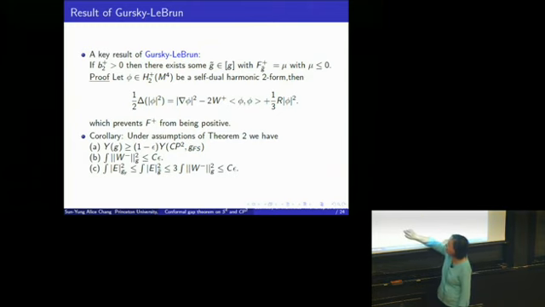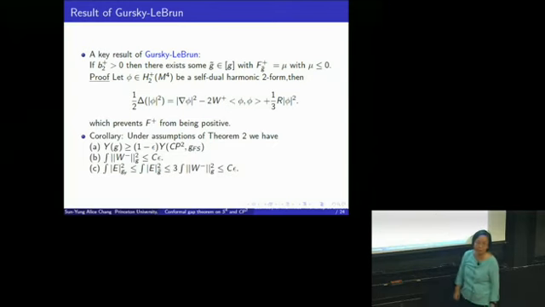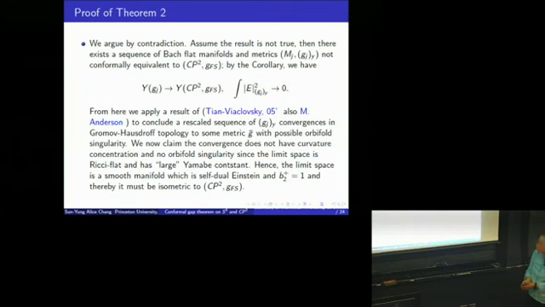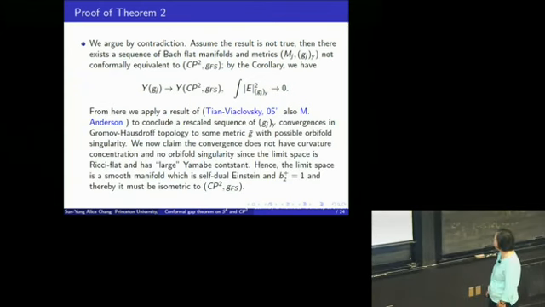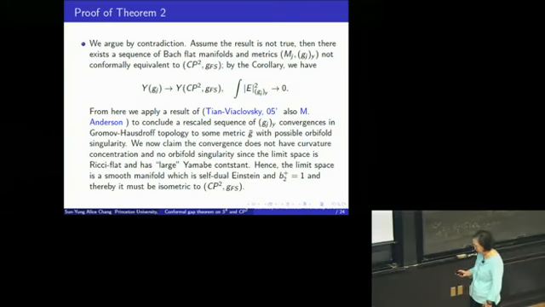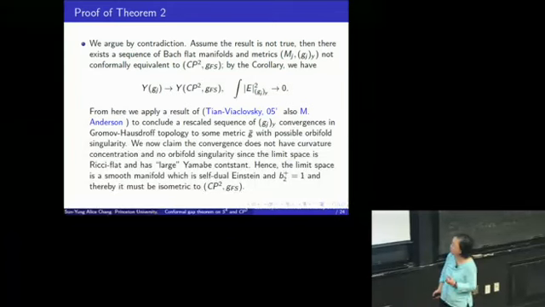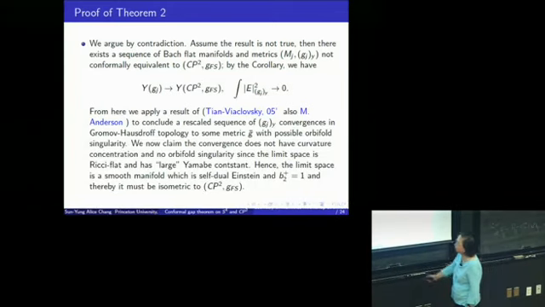The third, C, actually comes from applying the result of Gursky and LeBrun. So then we can come back to prove the theorem. Let me recall the theorem: under this pinching condition, the manifold is already CP2.